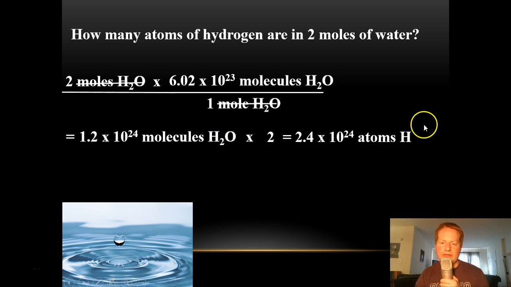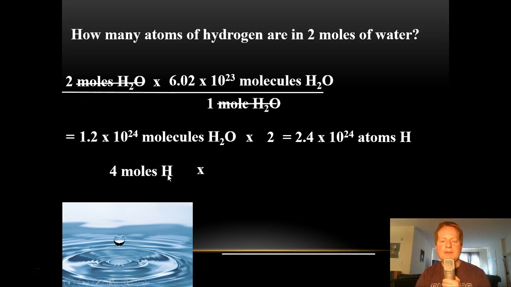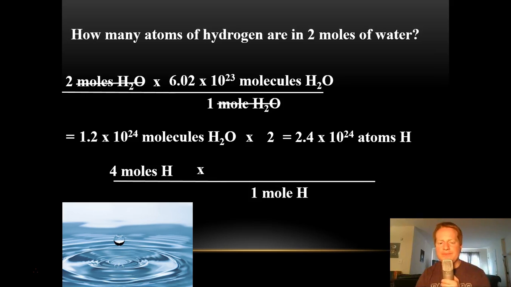The other thing that we could do is we could know off the bat that there are 2 moles of hydrogen, right, 2 moles of H in every 1 mole of H2O. So if the problem starts with 2 moles of water, we can say, okay, that's the same as 4 moles of hydrogen atoms, 4 moles of H. And we could go to cancel that out, use our 1 mole of H on bottom, and our 6.02 times 10 to the 23rd H atoms.